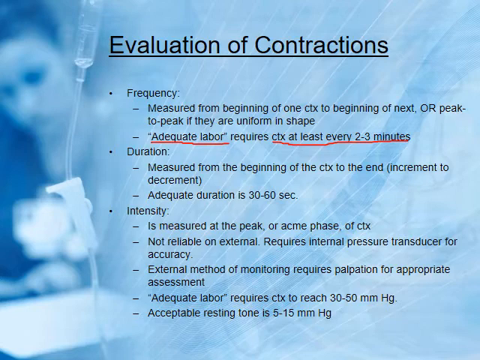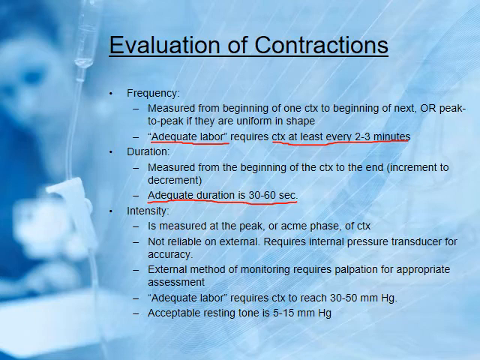The duration of the contraction is measured from the beginning of the contraction to the end of the contraction, and that adequate duration is 30 to 60 seconds. So think about it as 60 seconds. It's got to last long enough to be considered adequate.